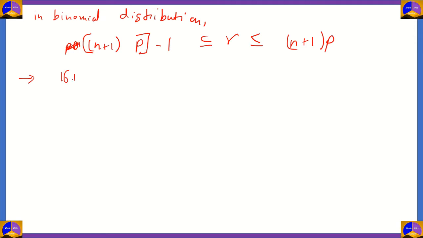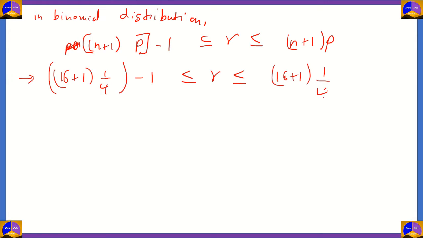Let's put in those values. N is 16, so 16 plus 1 times 1 by 4 minus 1 is less than or equal to r, which is less than or equal to 16 plus 1 times 1 by 4. So 16 plus 1 is 17, so 17 divided by 4 minus 1, less than or equal to r, less than or equal to 17 divided by 4. 17 by 4 minus 1 is 17 by 4 minus 4 by 4.